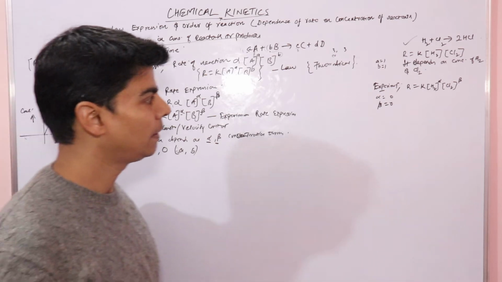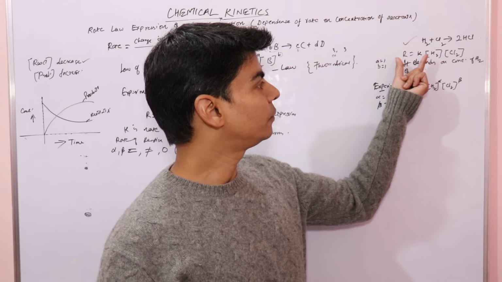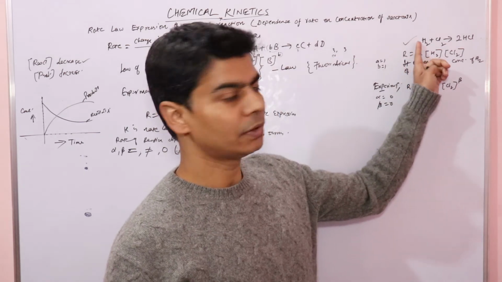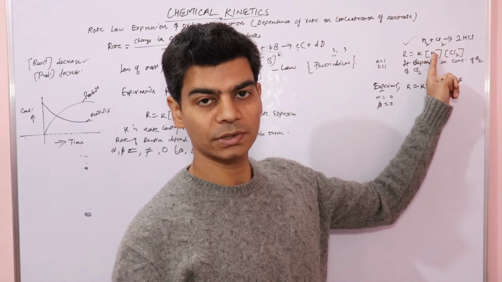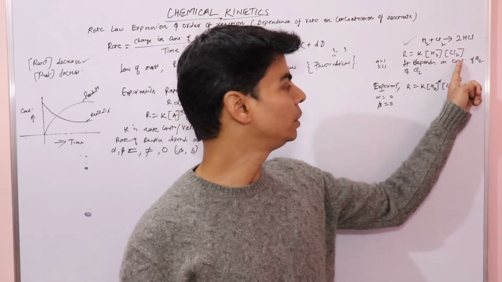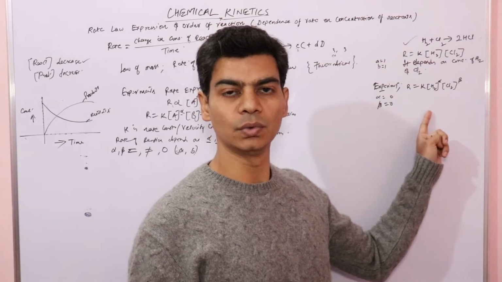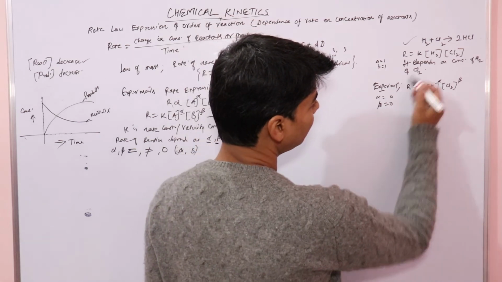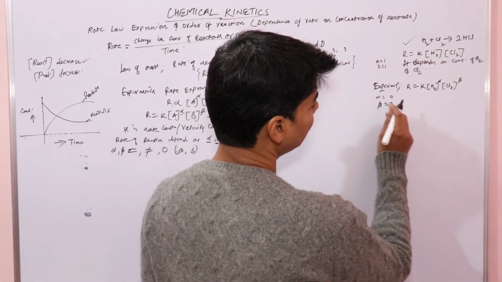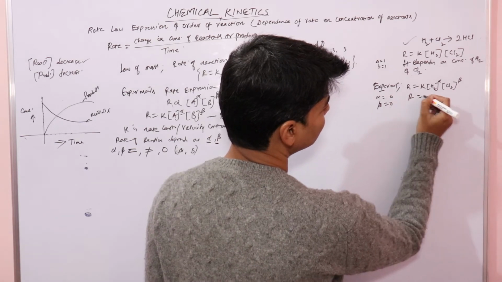That means, as per the law of mass action, the rate of reaction between hydrogen and chlorine depends on the concentration of hydrogen and the concentration of chlorine, but as per the rate expression built using experiments, the experimental rate expression tells us that alpha is equal to 0 and beta is equal to 0.